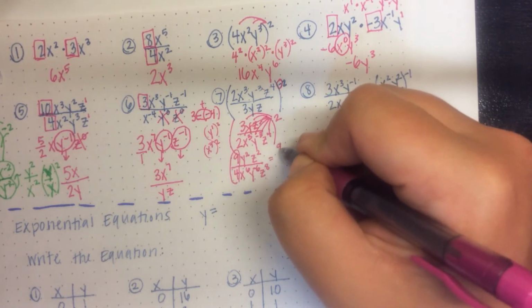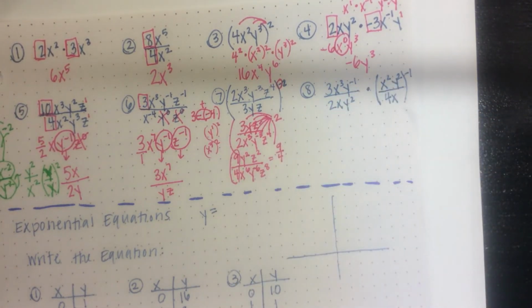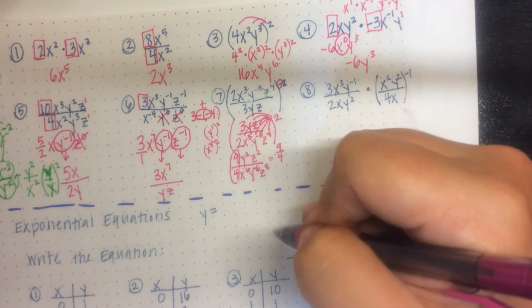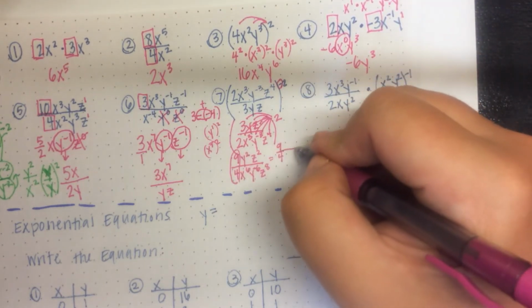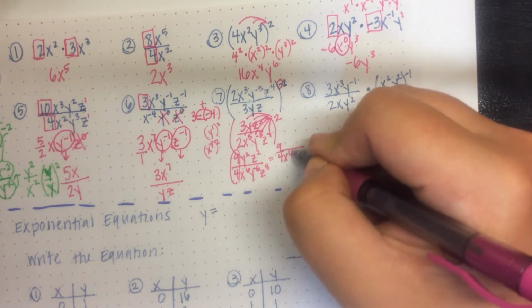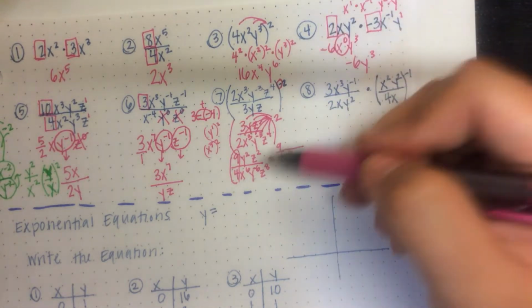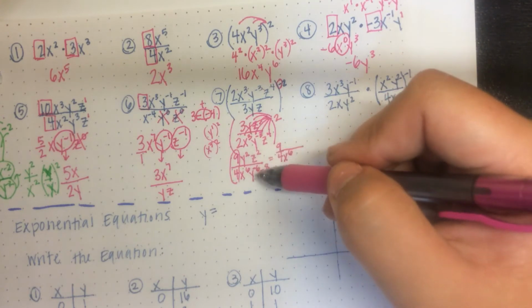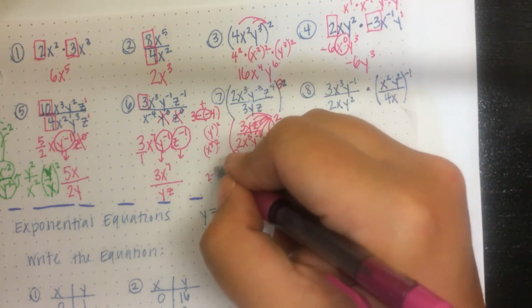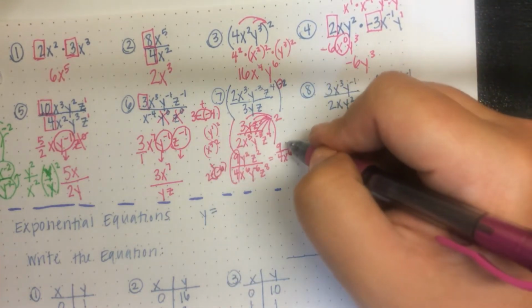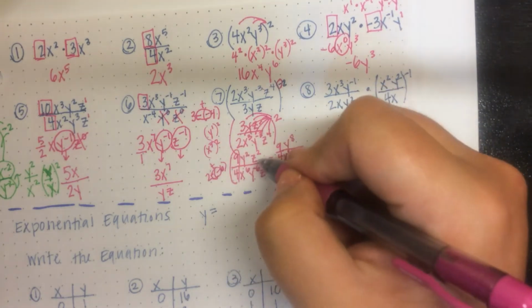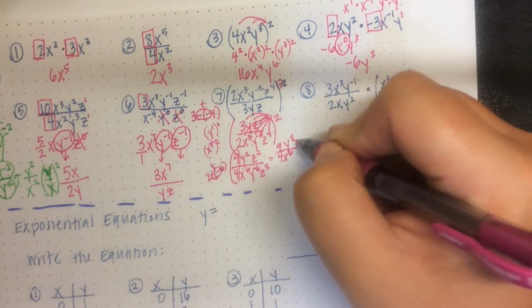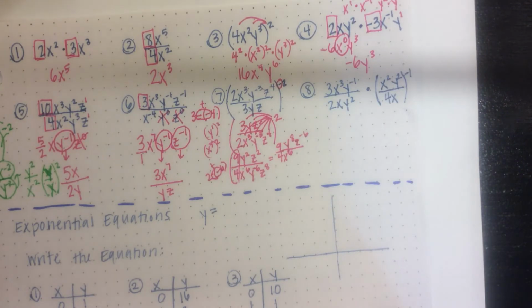So 9 over 4. Then I'm going to start subtracting. I don't have any x's to subtract, so I'm going to leave the x to the 6th on the bottom. I have a 2 and a -6, so that's 2 minus -6. Remember, doubles become a plus. So 2 plus 6 gives me y to the 8th. Then I have 2 minus 8, so that's z to the -6.